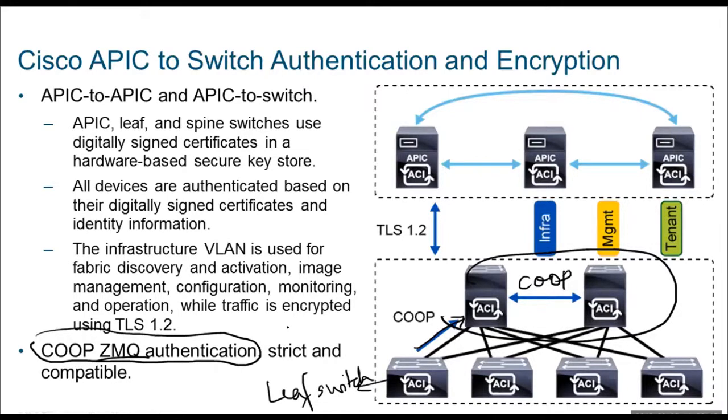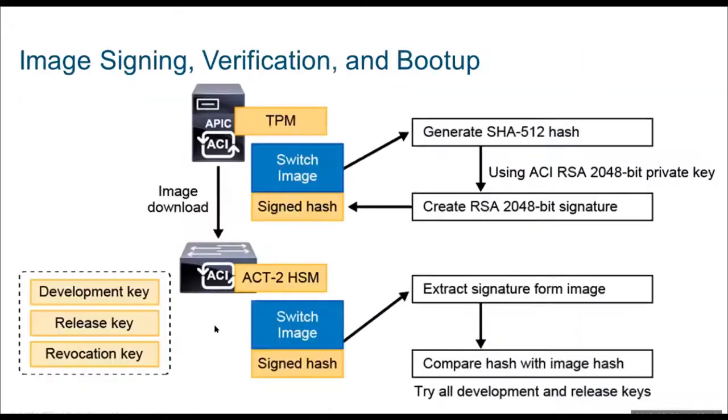Strict mode, that's what it's called. Compatible mode, which is the other one, means the COOP protocol can communicate with both MD5 authenticated as well as non-authenticated zero message queuing for message exchange. Default is strict. You can only change it through the command line.